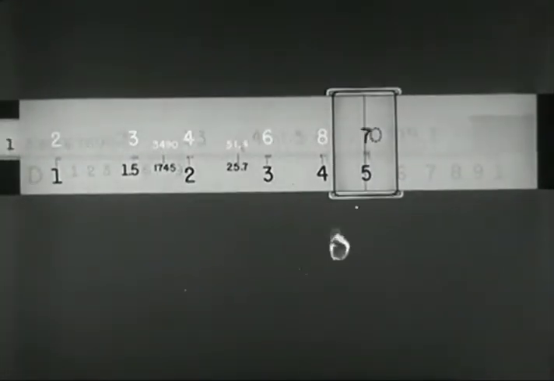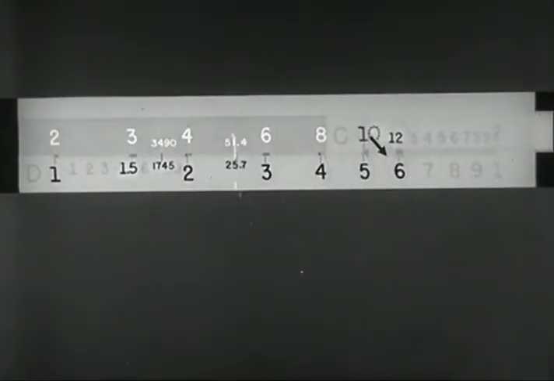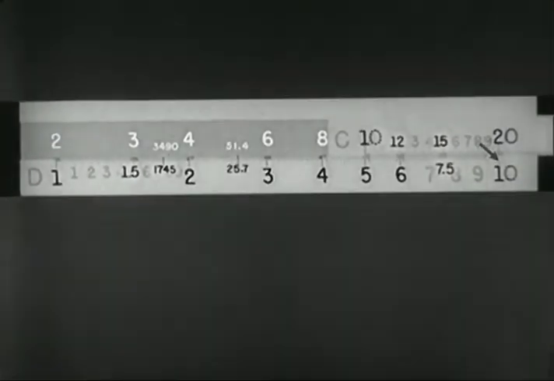Actually, the C scale can be repeated in effect by placing the hairline on the right index and then sliding the left index to it. In shifting from one index to the other, the ratio remains unchanged. In this case, the rule is still set in the ratio of 4 to 2. We can read 4 is to 2, as 12 is to 6, as 15 is to 7.5, as 20 is to 10.